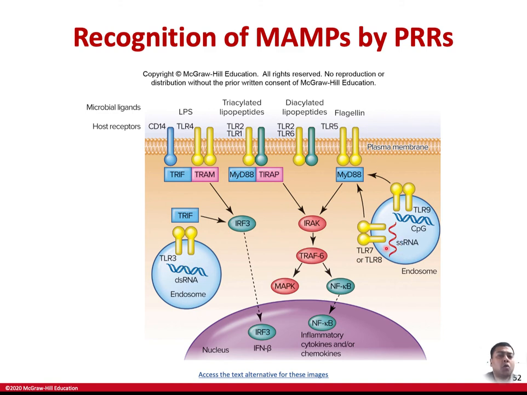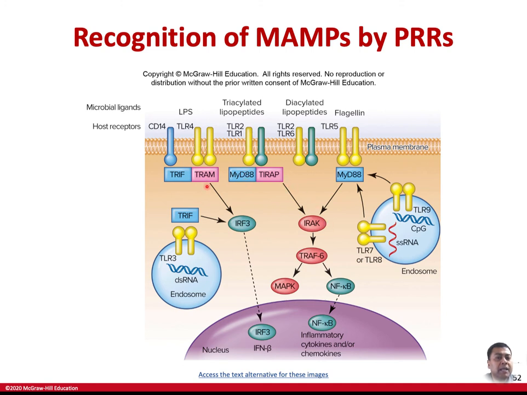Upon binding to all these types of microbe-associated molecular patterns, these TLRs will activate a cascade of reactions with the help of some other proteins like TRIF, TRAM, MyD88, TIRAP. These are all the different proteins which are involved in the pathway.